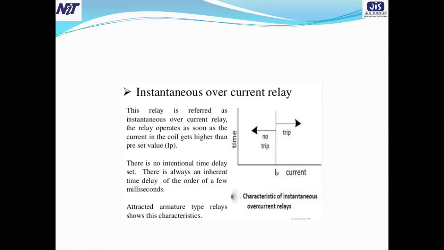If it is more than the preset value, then it starts operating. That's why it is called instantaneous. Within a fraction of a second, it starts operating if the value of the current is more than the preset value.